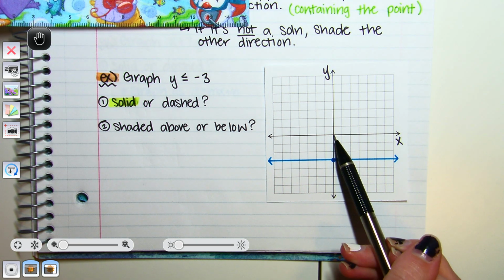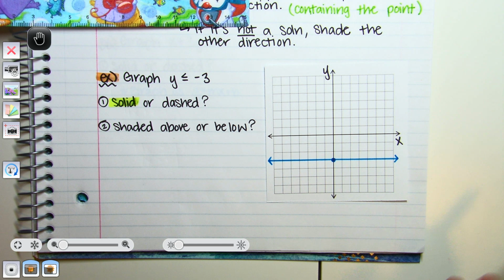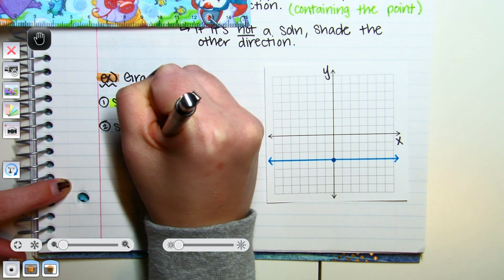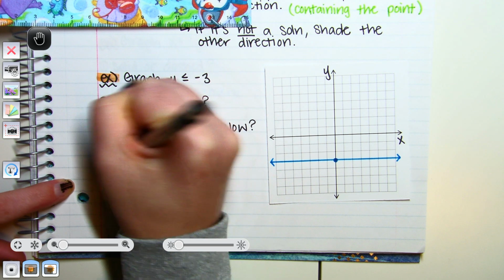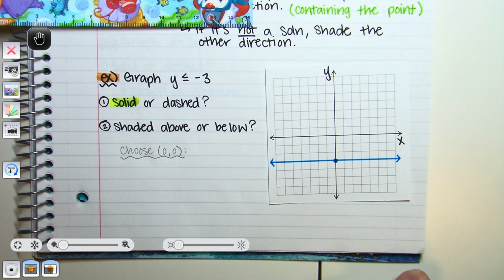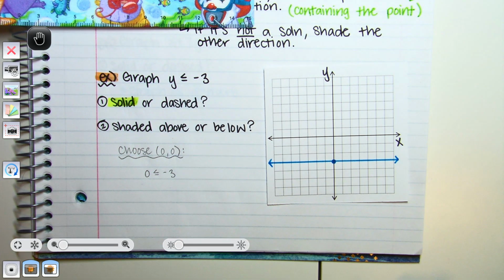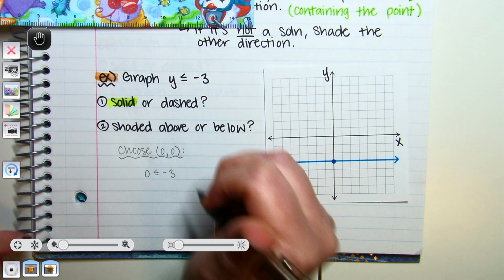And 0, 0 here is way up here. It's above the line. So I'm going to choose 0, 0. And if I plug that into my inequality, I'm going to have 0 is less than or equal to -3. Is that true or false? Good, you should have said false. 0 is not smaller than a negative number.